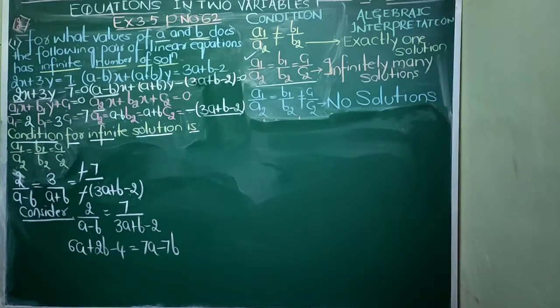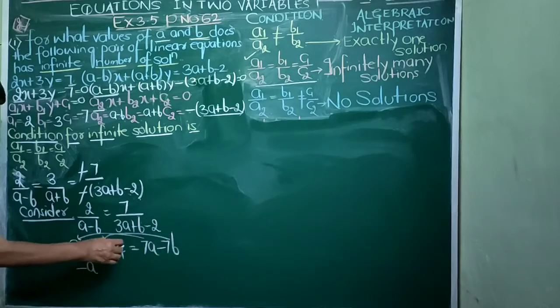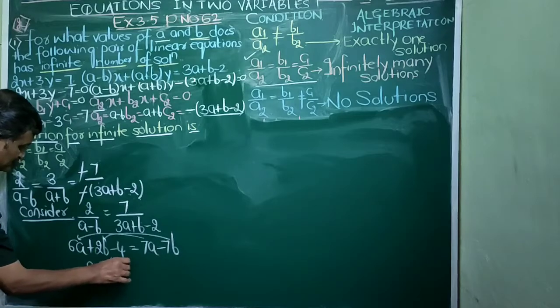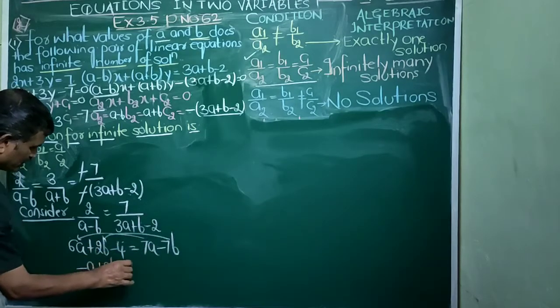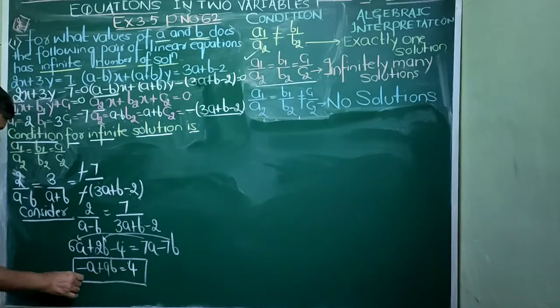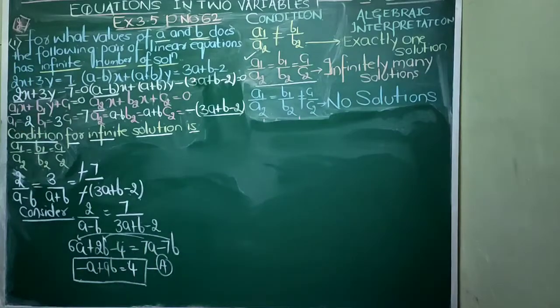Again, if I further simplify, if I transpose this 7A towards the left side, then 6A minus 7A is minus A, and plus 2B is already there. If I transpose 7B here, then 2B plus 7B is 9B. I will transpose this 4 towards the right side, then it will become plus 4. So I will call it the first equation, or equation number A. What I have done, let me repeat.